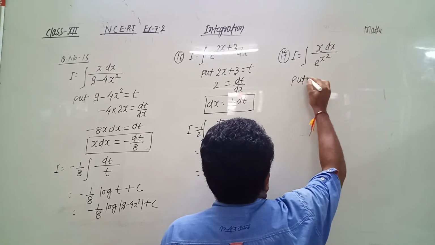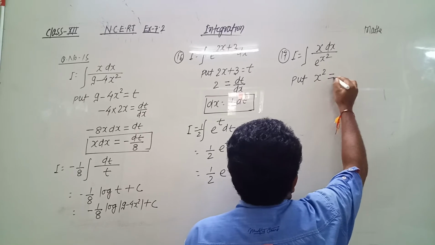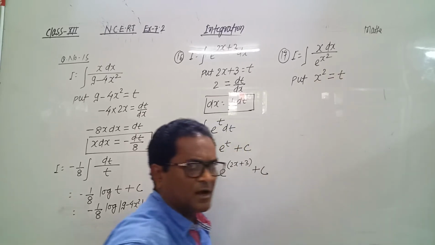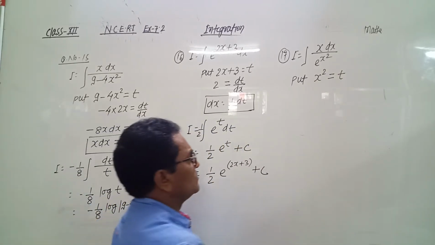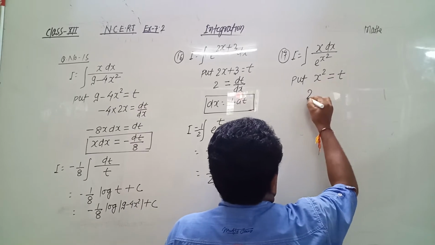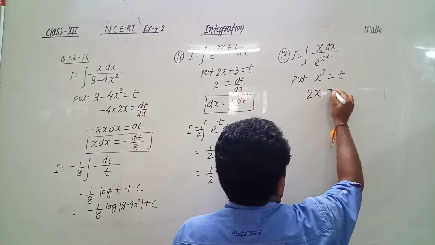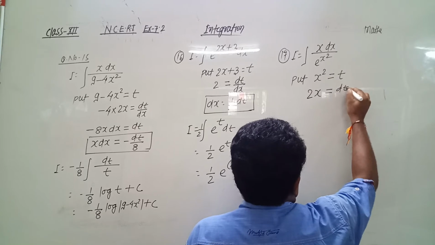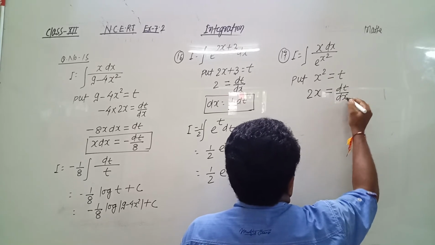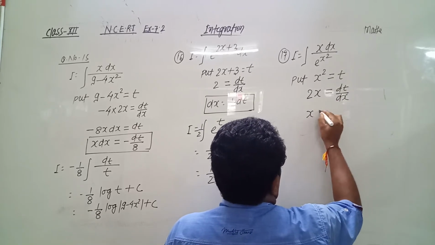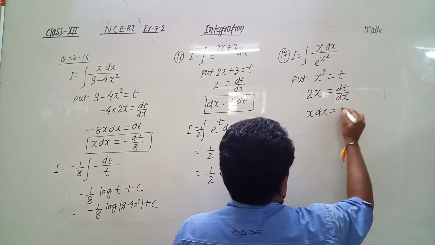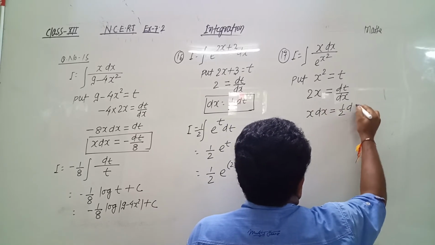So put x square equals t. Now differentiate x square with respect to x. So differentiation of x square is 2x, and differentiation of t is dt by dx. Then x dx equals 1 by 2 dt.